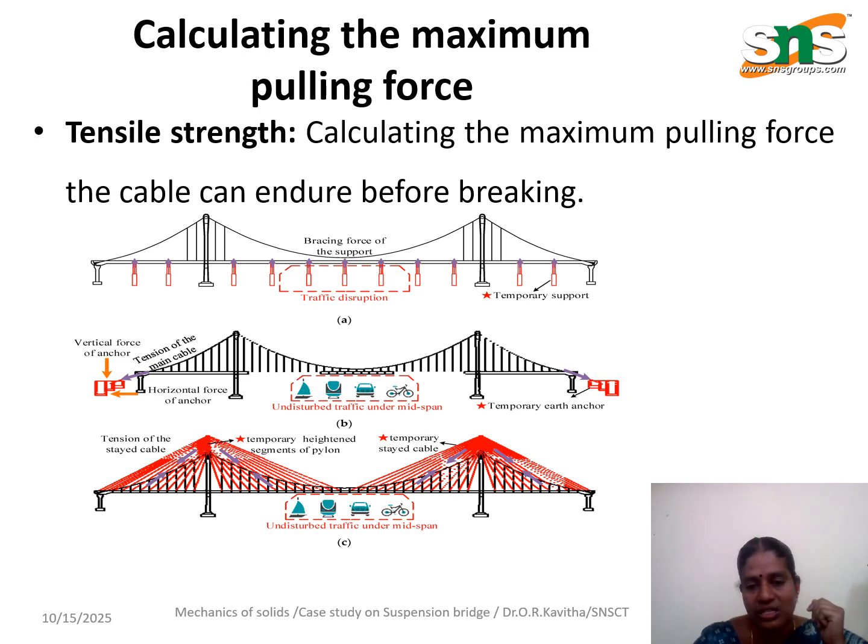You can see the picture. This cable we call the stayed cable. The stayed cables are pulled at two ends: one at the deck slab, the other at the column post. Here it is pulled, and therefore a tensile force will be created.